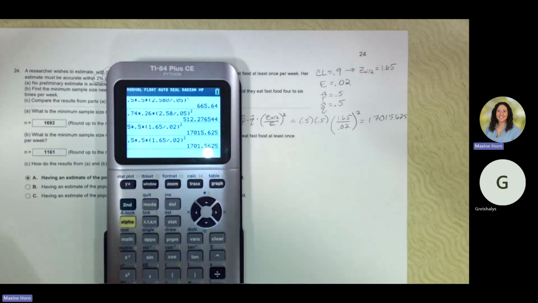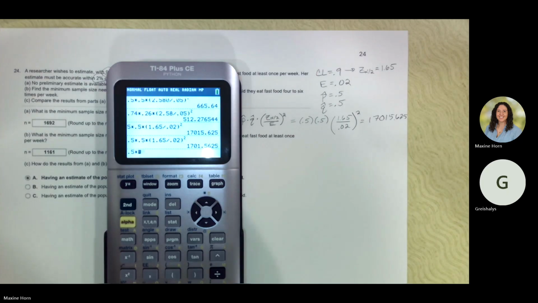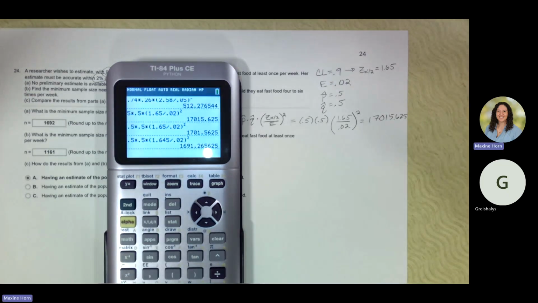So even though I said I'm not going to use 1.645, let's go ahead and use 1.645. And there it is. Okay, so it's being wishy-washy.